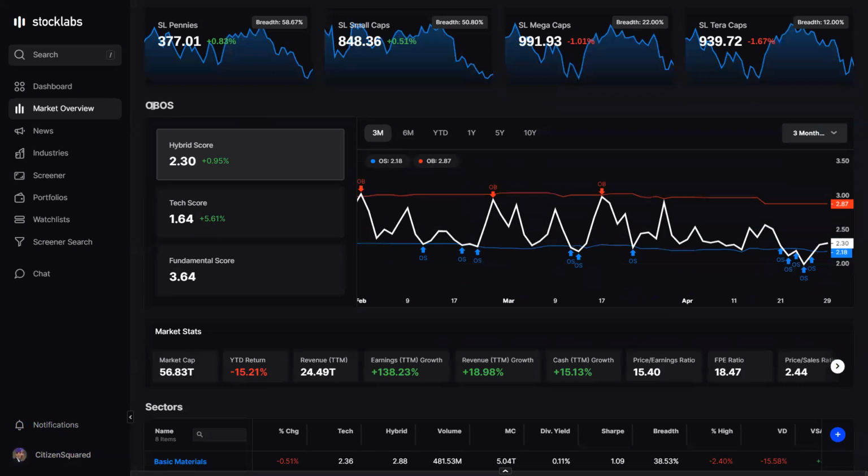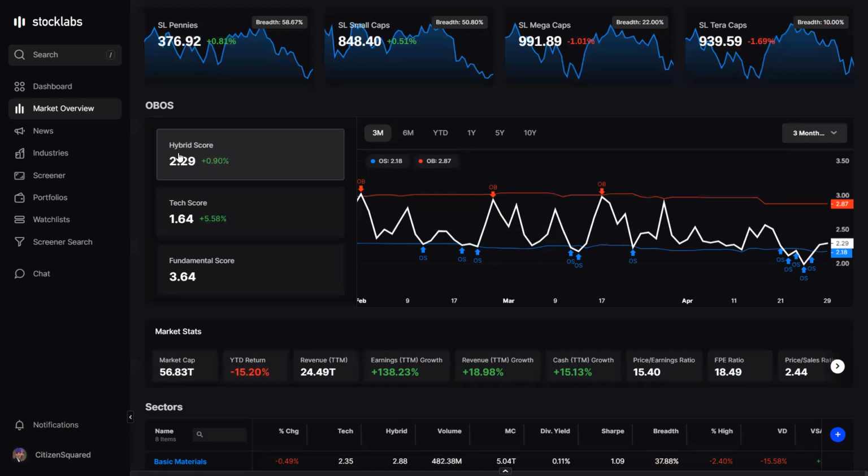Now across the middle, this OBOS, this is overbought, oversold. This is the main algorithm that runs on the market all the time. And it's the most important algorithm that we have for judging whether the market is in a valley or peaking out.